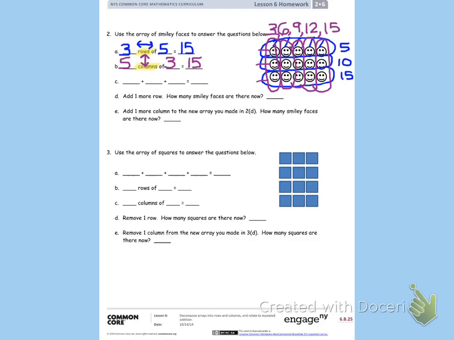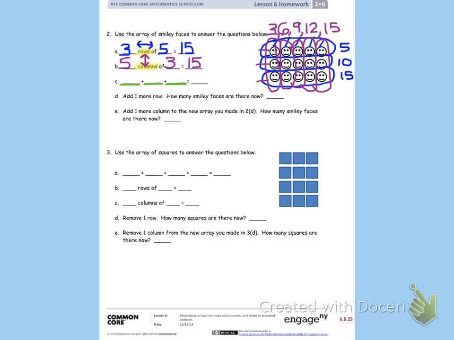Now on item C, we need to create a repeated addition problem. So let's find out how many groups they're looking for. 1, 2, 3 groups. Well, I know by looking at item 2A that shows 3 rows of 5 or 3 groups of 5.